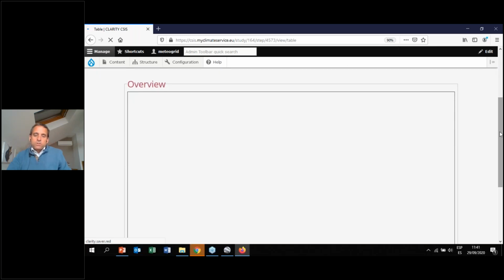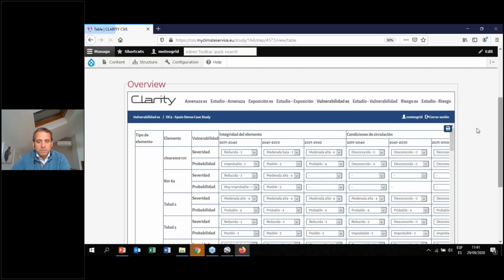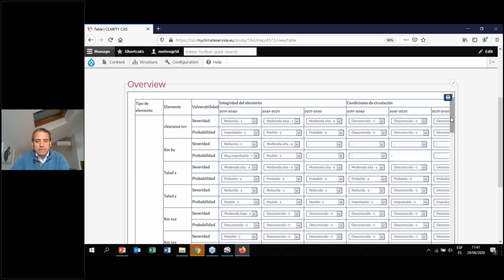In this case, it's a road. It's not a new design of a road, but a road which has been exploited during the last 10 years. It's an open track, and we have data from the exploitation and maintenance issues.